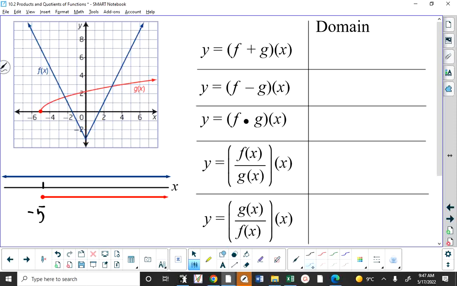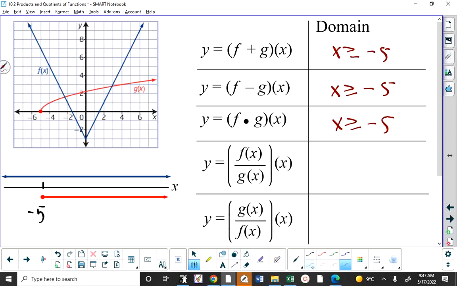If I said to you, and you don't have to write this down, this isn't in your notes, what is the domain of f plus g? Well, you would say the domain of f plus g is x is greater than or equal to -5. Would you agree? It's common. F minus g, x is greater than or equal to -5. F times g, x is greater than or equal to -5.